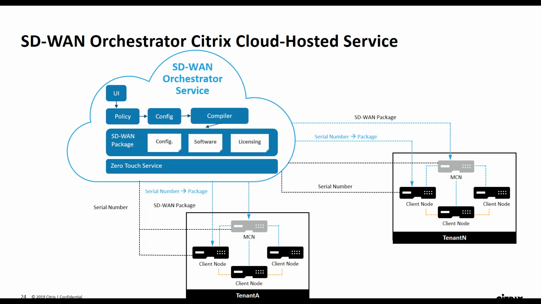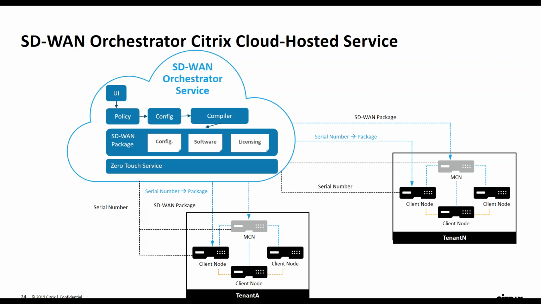So in terms of the Orchestrator service itself, there are a lot of things happening between Orchestrator and each of the individual devices. Even though we do need IP connectivity to each of our devices, the primary way we identify which SD-WAN exists at each site is through the serial number.